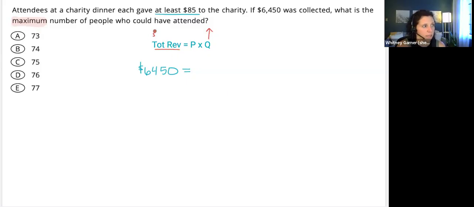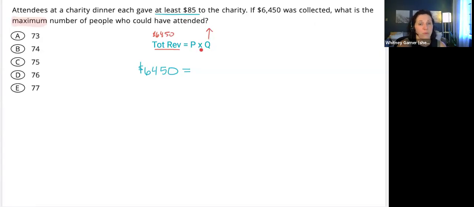This is our 6,450. This is the variable of interest that I'd like to maximize. So I'm going to look at every other variable and ask myself, well, what do I do to those variables given this relationship in order to make this one really big?